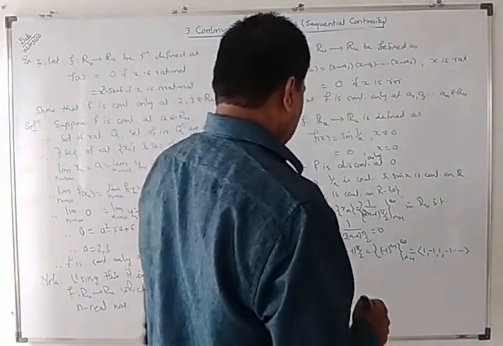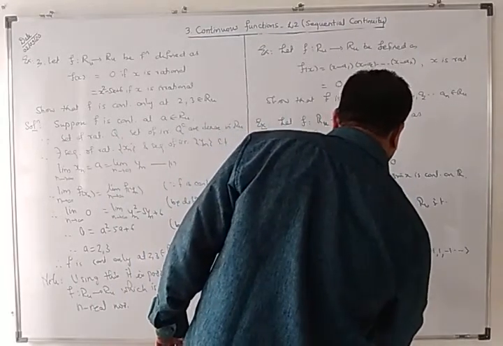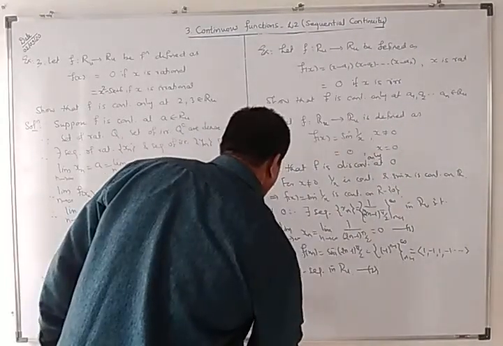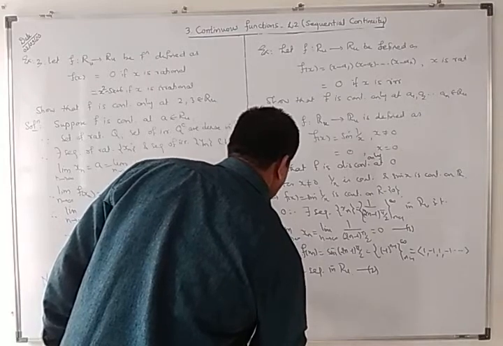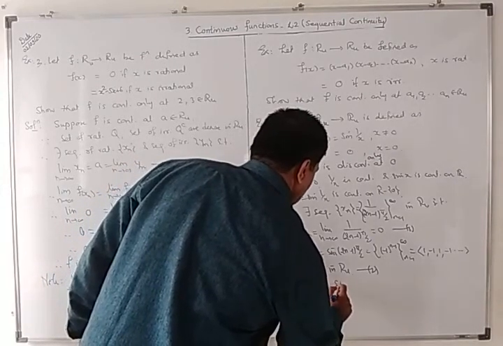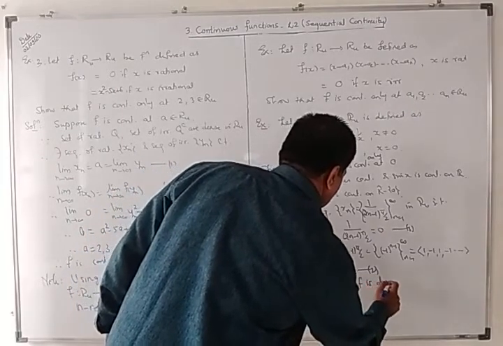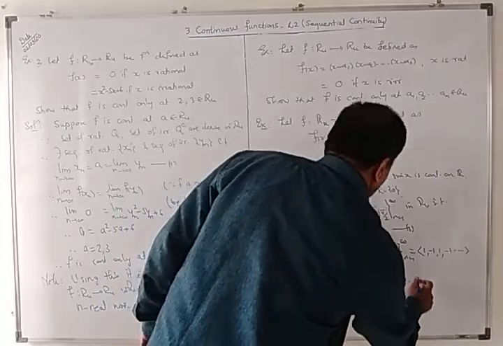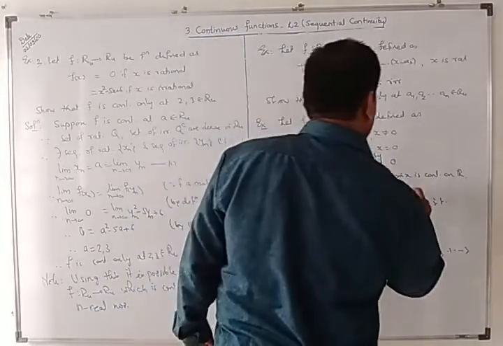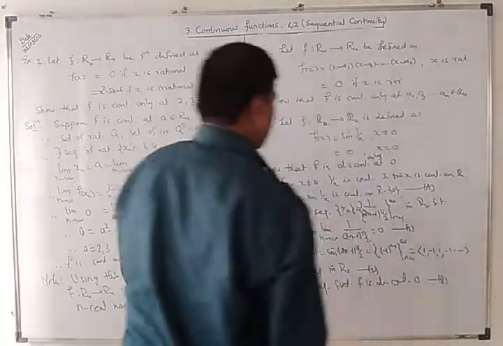So this is a divergent sequence. So from this and sequential continuity, f is discontinuous at 0. So this is A, this is B. From A and B the result holds.